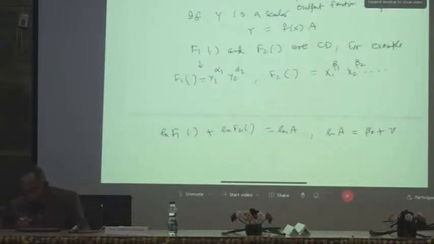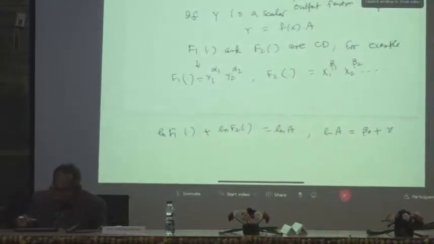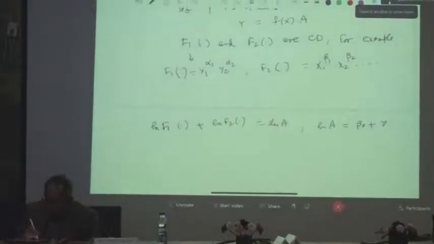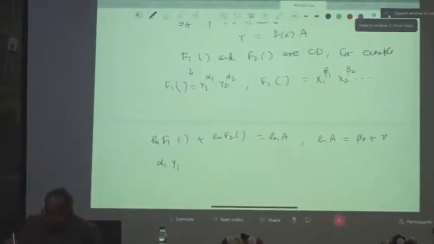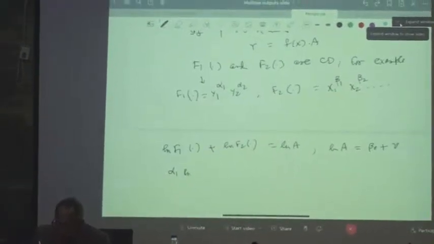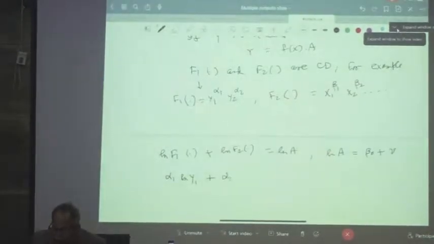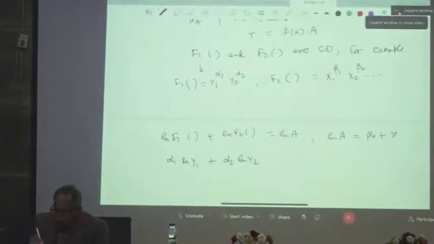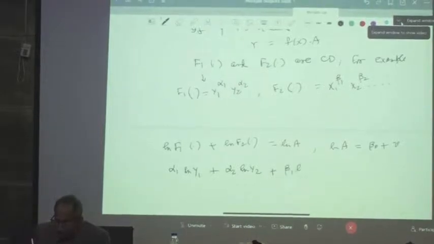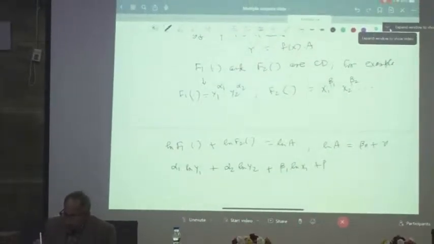So if I write it out fully using this f1 and f2, I get alpha 1 log of y1 plus alpha 2 log of y2. This is the output function part. And then beta 1 log of x1 plus beta 2 log of x2 and so on. And on the right hand side, you'll be getting beta 0 plus b.